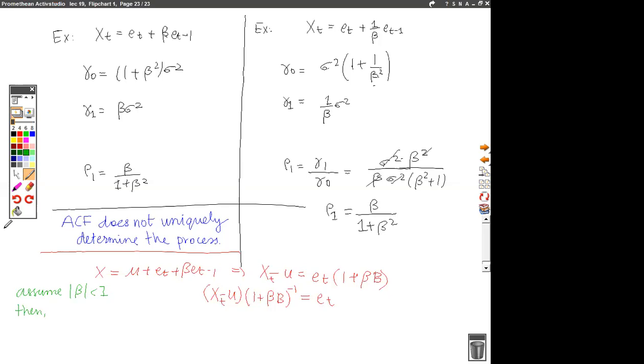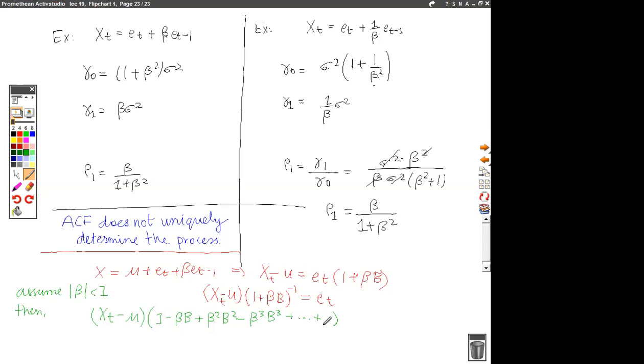So I can rewrite this thing as X_t minus mu times 1 minus beta B plus beta square B square minus beta cube B cube and so on, right?